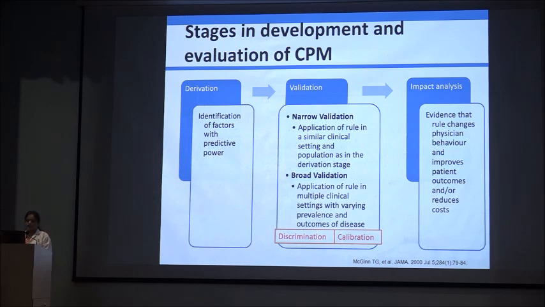So the first step, derivation, pertains to identification of factors with predictive power. And basically, it is the examination of the ability of multiple variables from clinical findings, history, or simple laboratory tests to predict the target outcome of interest. So this is something that's done all the time.